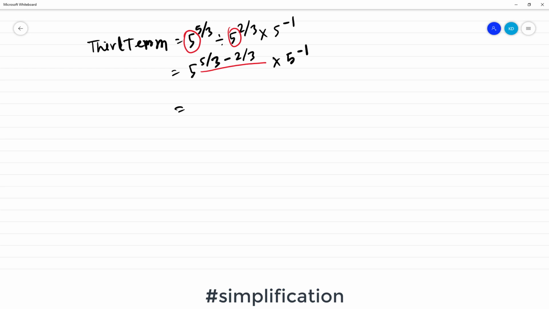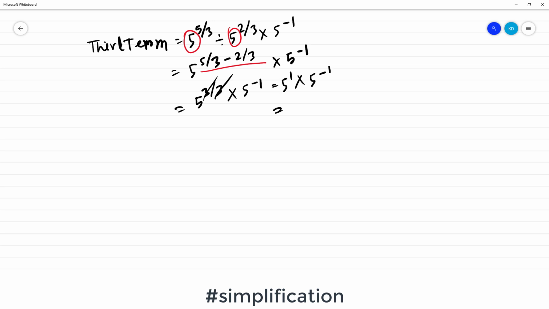So now, second thing, okay, 1 here, and also cross, we get 5 to the power 1 and 5 to the power minus 1.